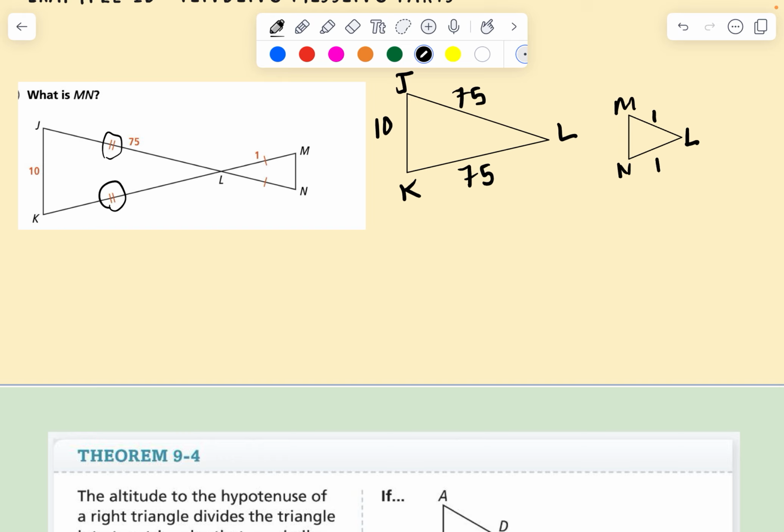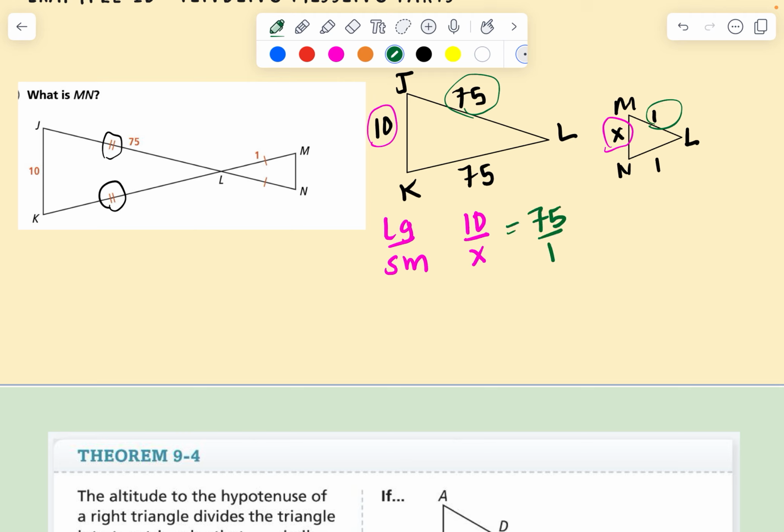This is 1, and this is 1. And they want us to find MN, so I'm going to put an X there. I'm going to do the large triangle on top and the small triangle on the bottom. So 10 divided by X, if I look at my corresponding parts, 10 and X are corresponding, and then 75 and 1 are corresponding.